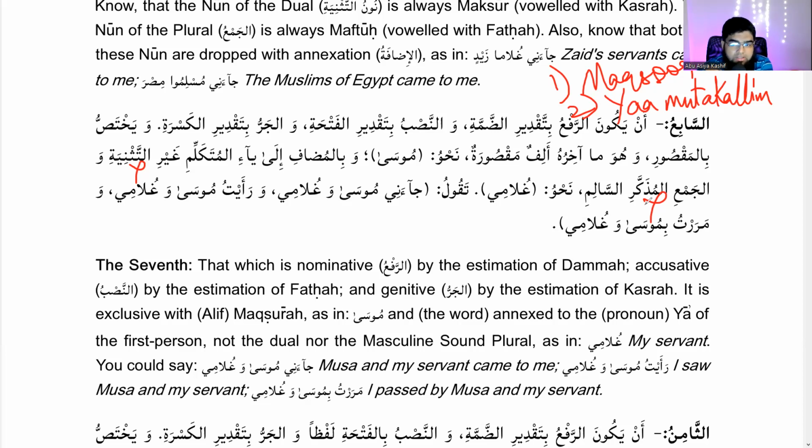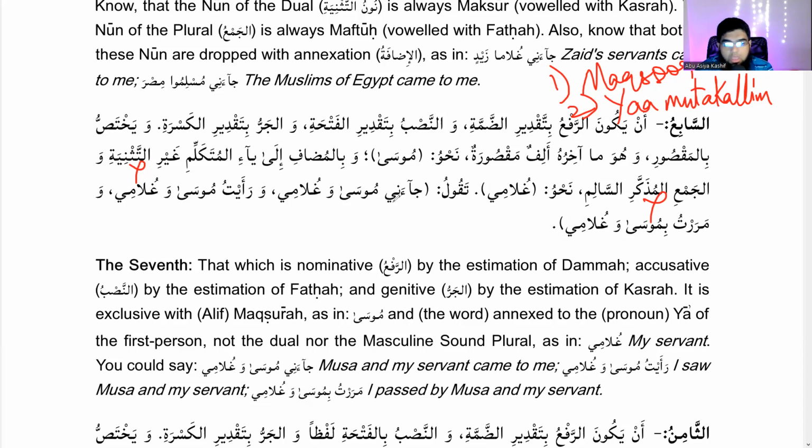What will happen then? Anytime you attach ya mutakallim, you also cannot see the dhamma. Literally it should have been ghulamui, ghulamai, correct? Ghulami. No, we don't see all that. So it will always be ghulami. So what do you say? Dhamma muqaddara. Marfu, and its sign of rafa is an estimated dhamma.